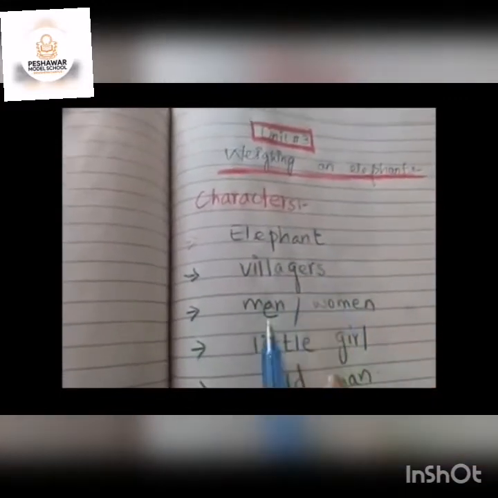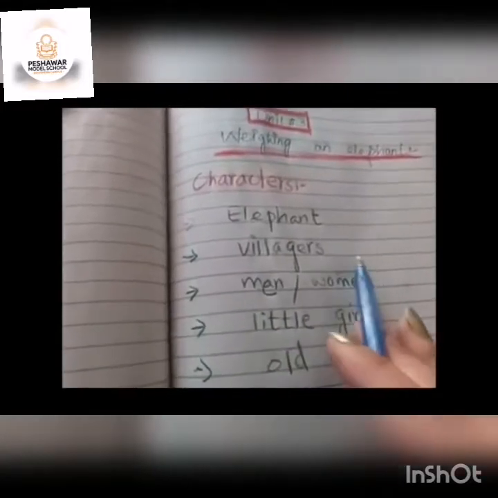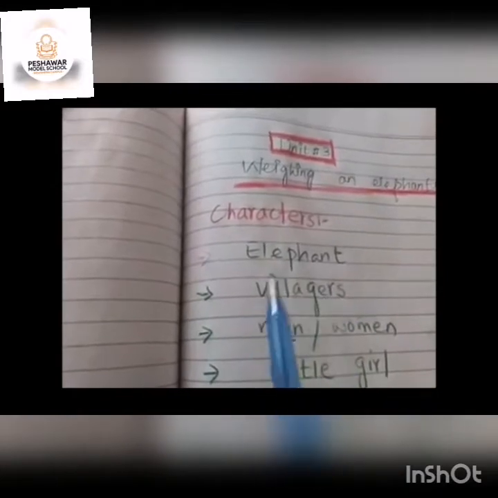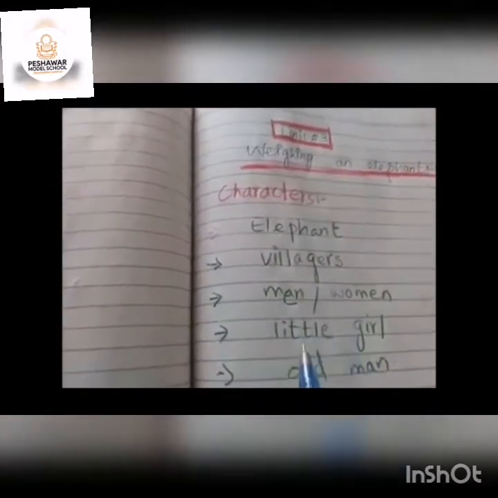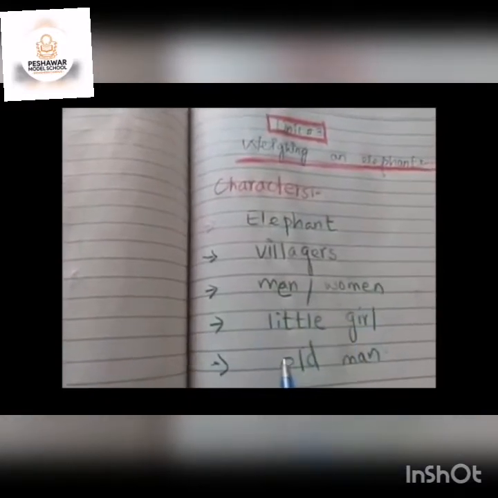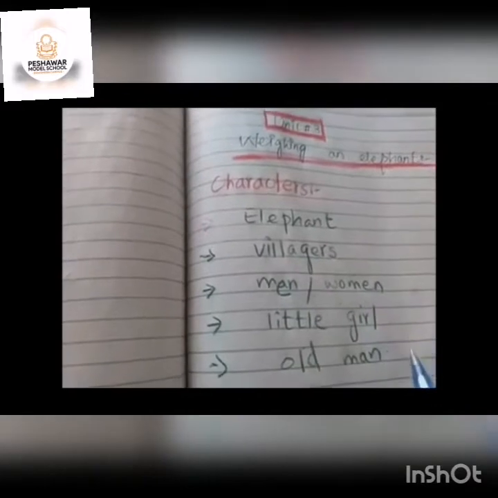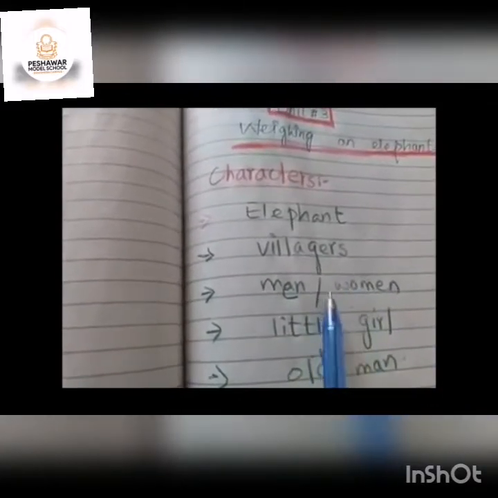Villagers: man, woman, little girl, old man. All of these are villagers. All the villagers are characters because all of them have some kind of part, but the roles of this man, woman, little girl and old man are specified in the chapter. They have performed and acted.